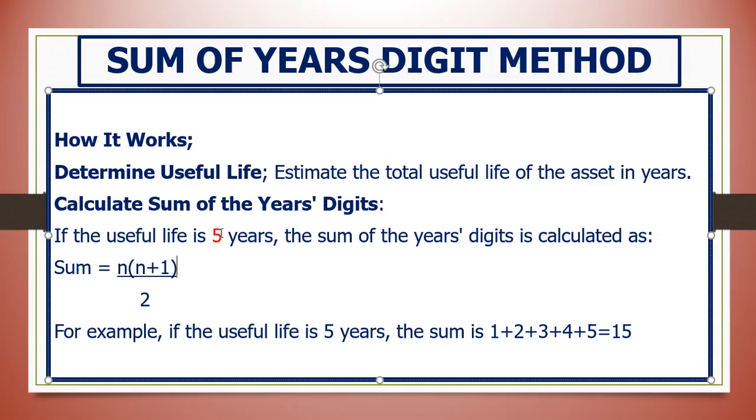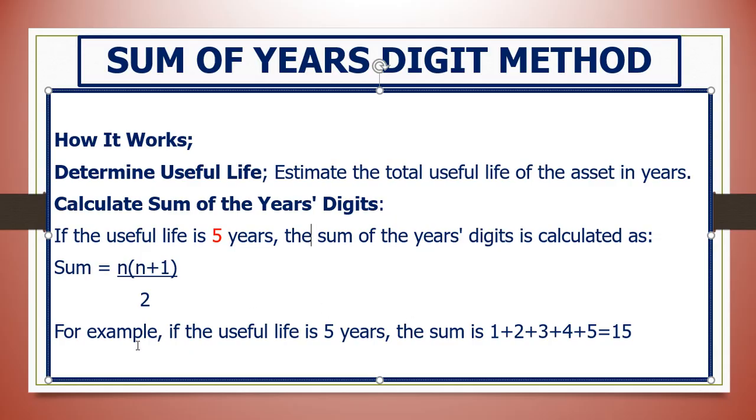But for our case, we are using 5 years here as an example, then the sum of digits would be 5 into 5 plus 1. 5 into 6, because 5 plus 1 is 6. That would give 30. 30 divided by 2 is 15. That is one way if you use the formula.